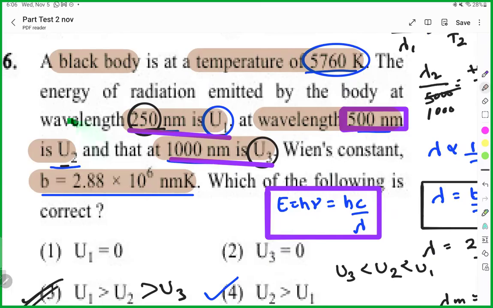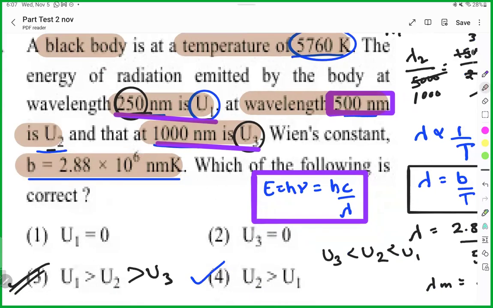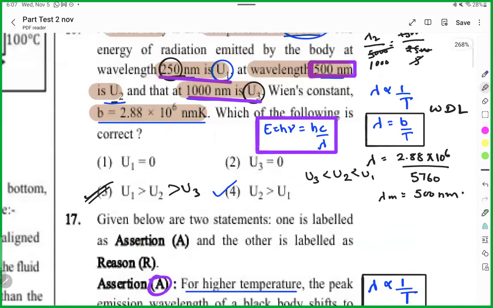So Arpit, you are saying that at temperature 5760 we will have maximum energy, because this is matching when we calculate by this method.